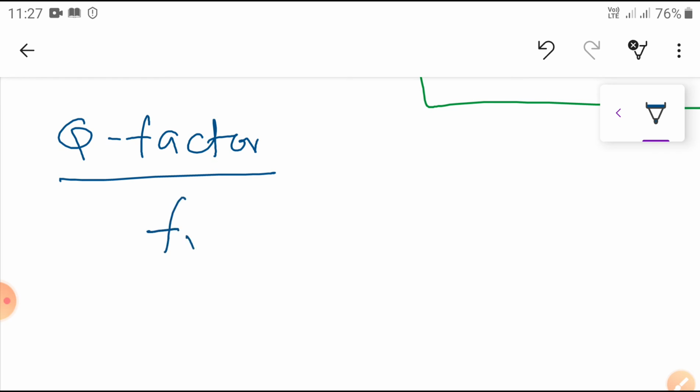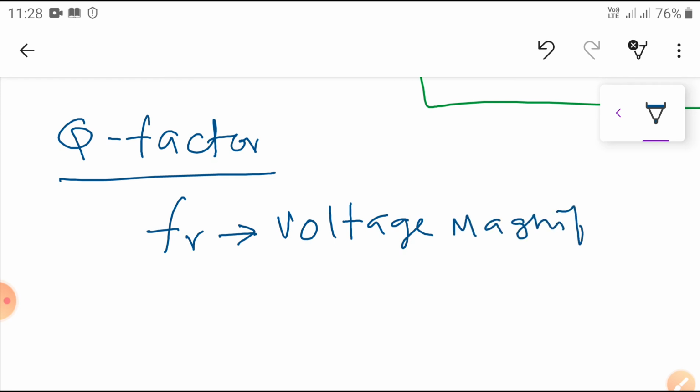At FR, whatever the voltage magnification is, that is Q, the voltage magnification.